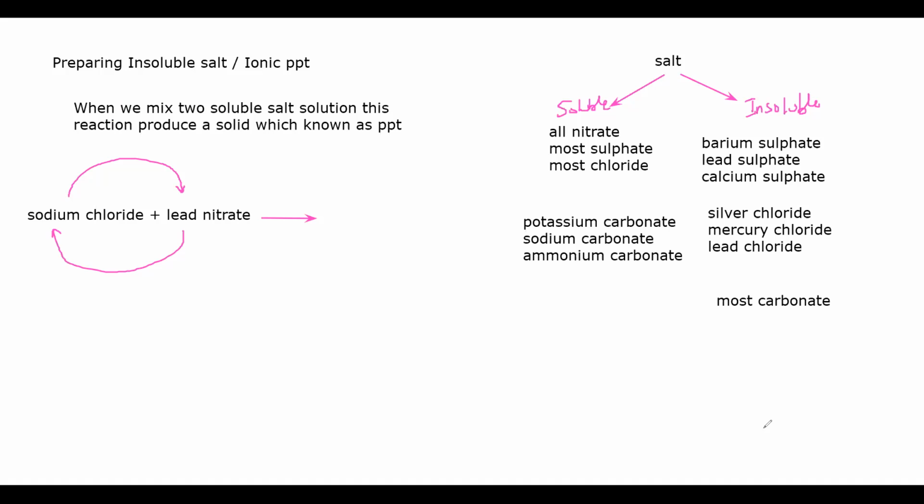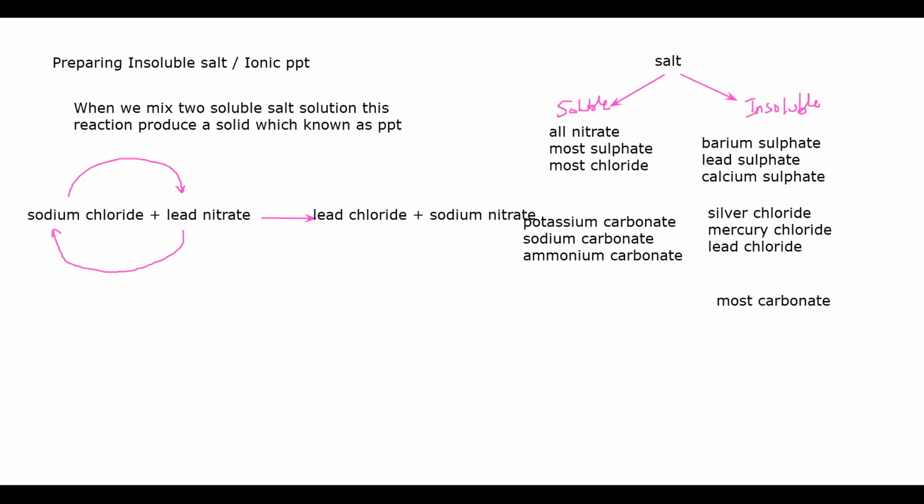and the second salt will be sodium nitrate. So if we write the state symbols, we have sodium chloride plus lead nitrate gives lead chloride plus sodium nitrate.